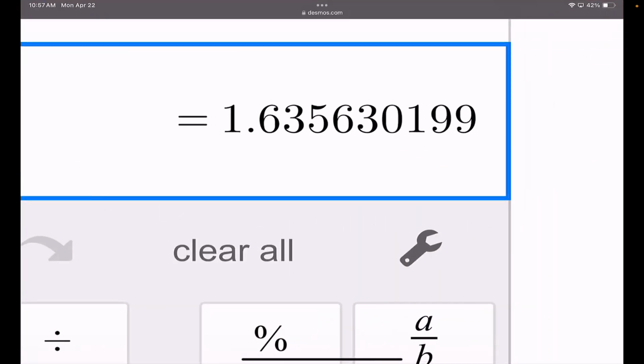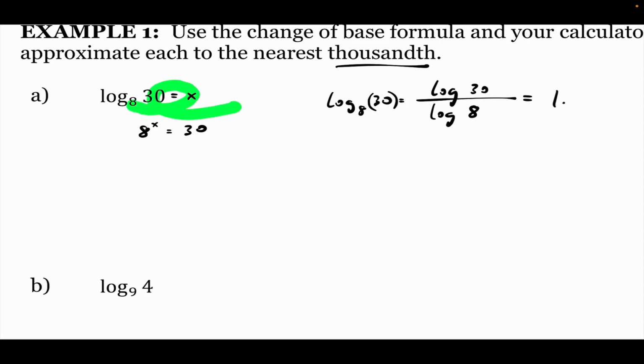The thousandth is the 5. The 5 can stay or it can go up. Well, the 6 to the right of it says go up. So it's going to be 1.636. That's the power to make 8 into 30.